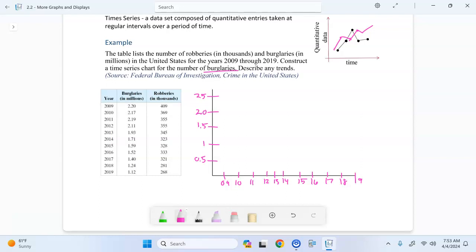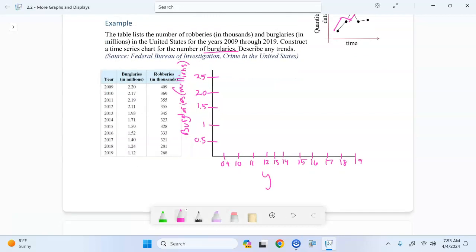So our vertical axis represents burglaries in millions. And our horizontal axis represents years, 2000s. Okay, so we have years in the 2000s, and then our vertical axis is the number of burglaries.